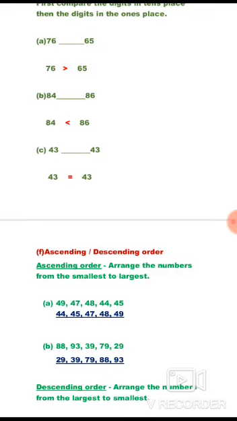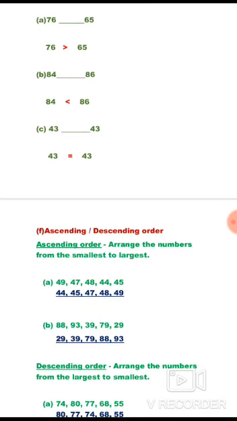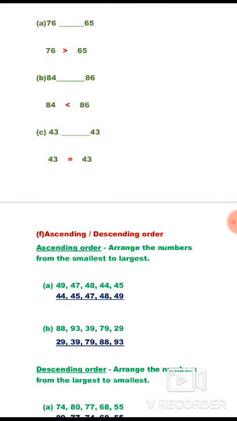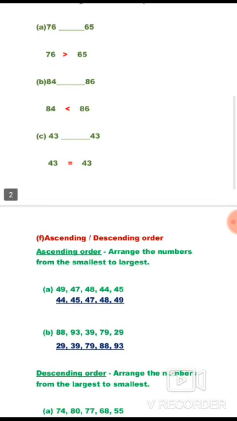Now descending order. In descending order, we arrange the numbers from the largest to the smallest. The first example is 74, 80, 77, 68, 55.